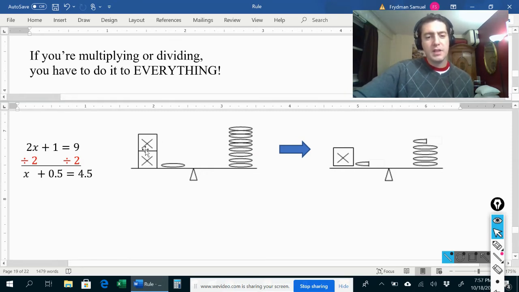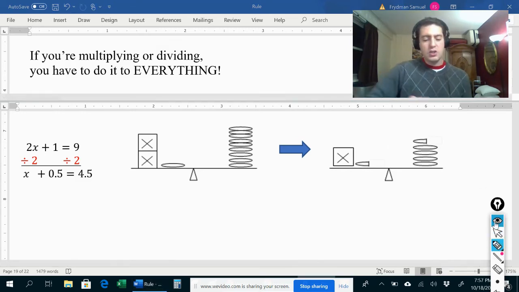If I have 2 x boxes plus 1 stone and I want to cut the weight of this side in half, I need to cut the weight of the 2 x boxes in half, and I also need to cut the weight of the 1 stone in half. All right? So the 2x divided by 2 is equal to x, and the 1 divided by 2 is equal to a half. So now I have x plus a half is exactly balancing 4.5.